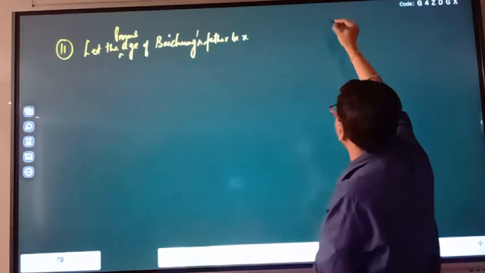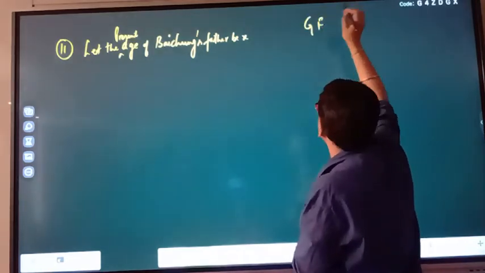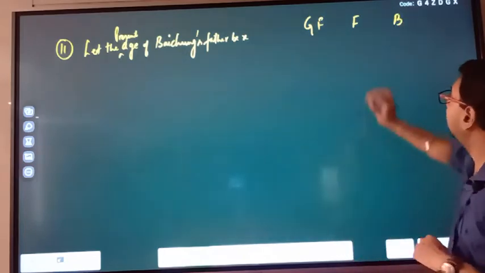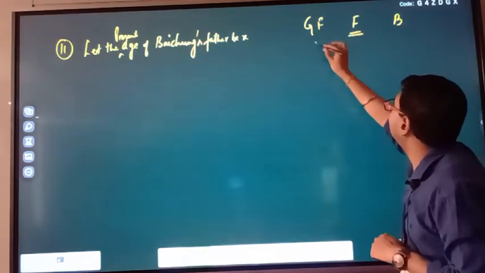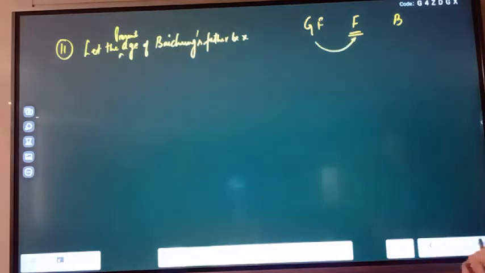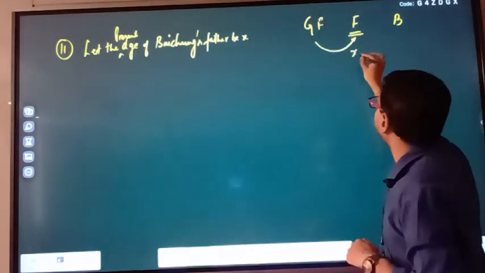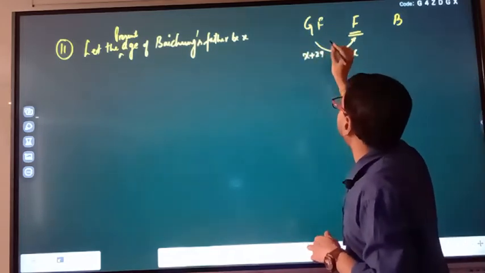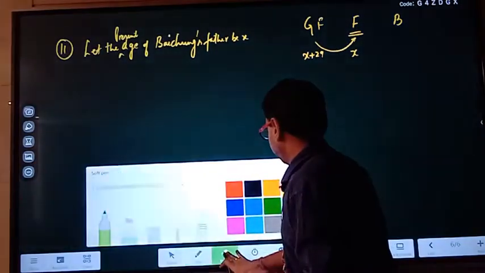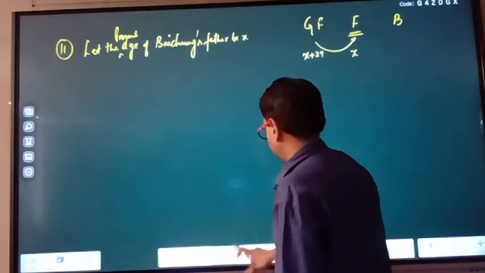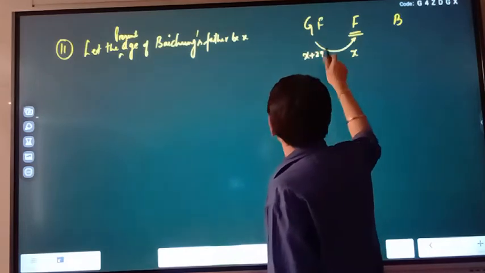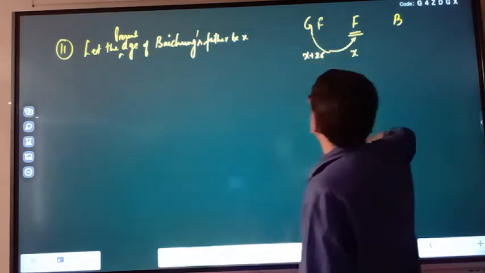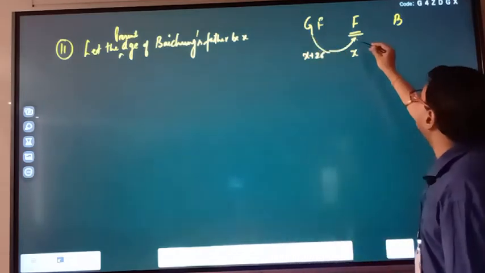Why? Because we have 3 generations: grandfather, father and Baichung. Definitely if Baichung's father is X, his grandfather's age would be X plus 26, and he is 29 years older than Baichung.